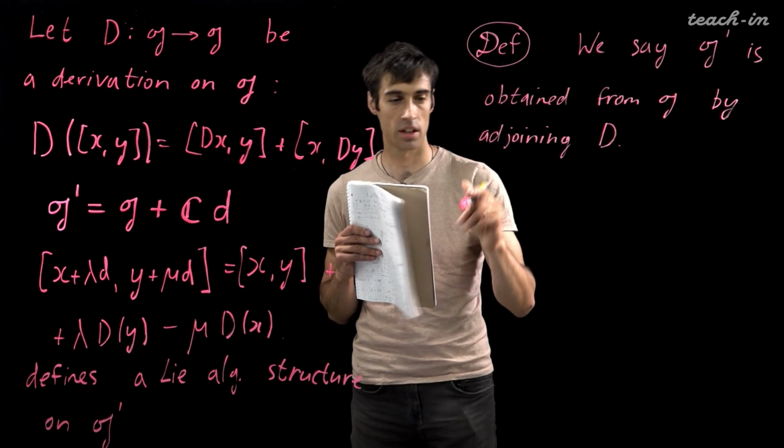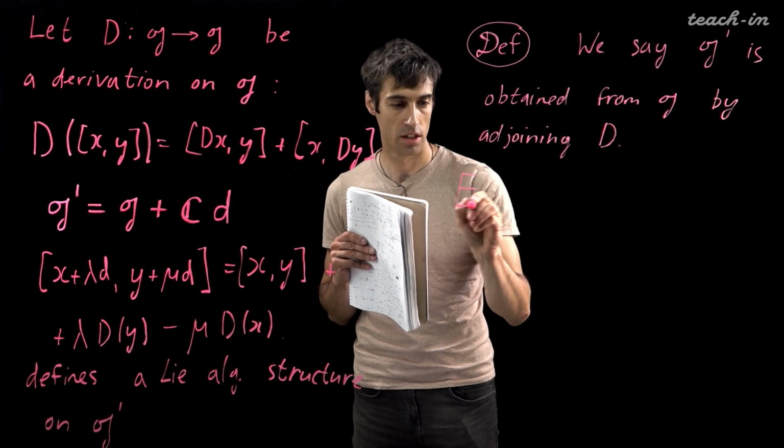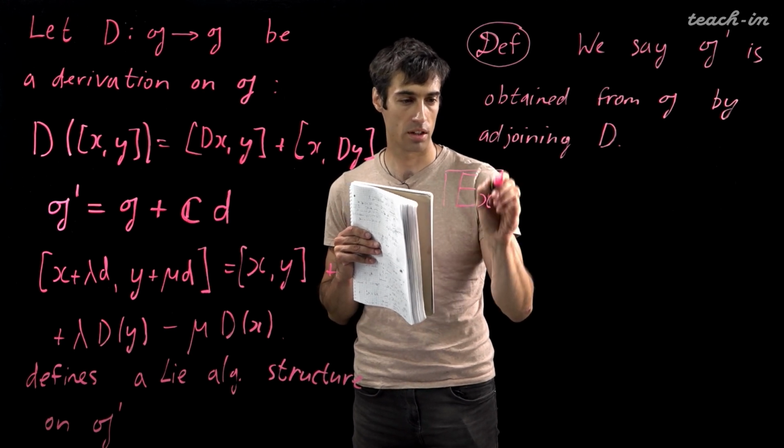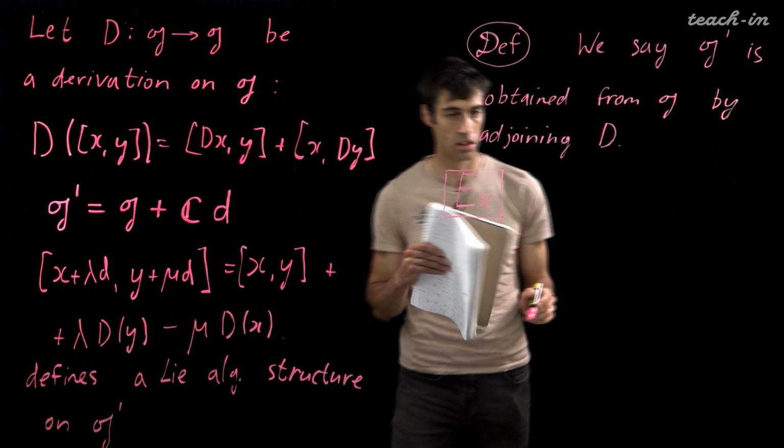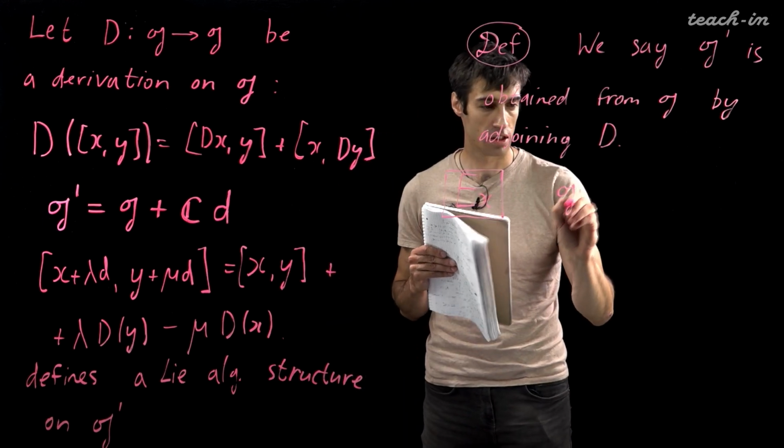And an important example of a derivation for us will be when our Lie algebra G is graded. So suppose G is graded.